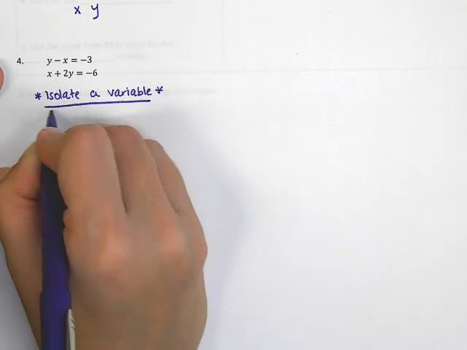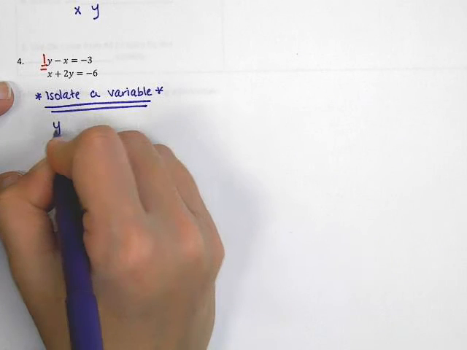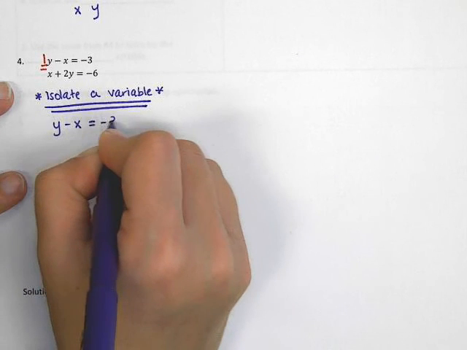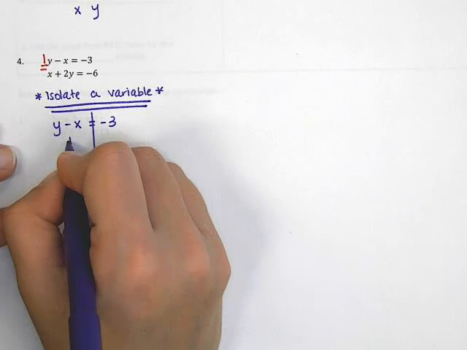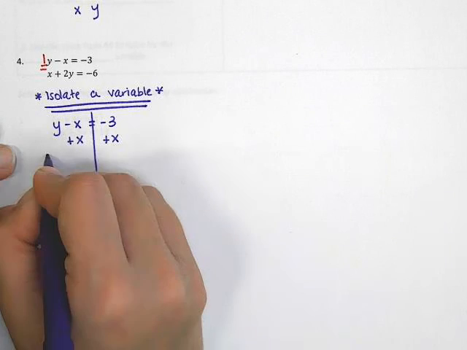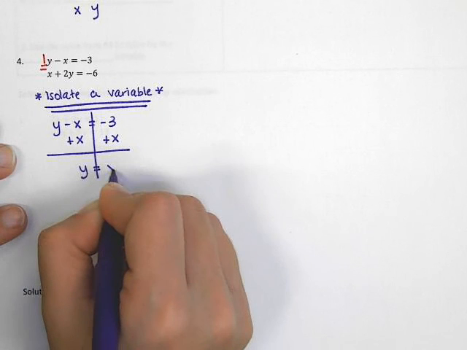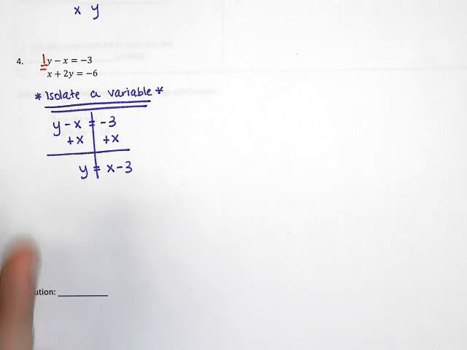Now again, I'm going to look for a variable whose coefficient is a 1, and the first one that I see is the y in the first equation. So I'm going to take that first equation and get the y by itself. I'm going to add x on both sides, which means y equals x minus 3.